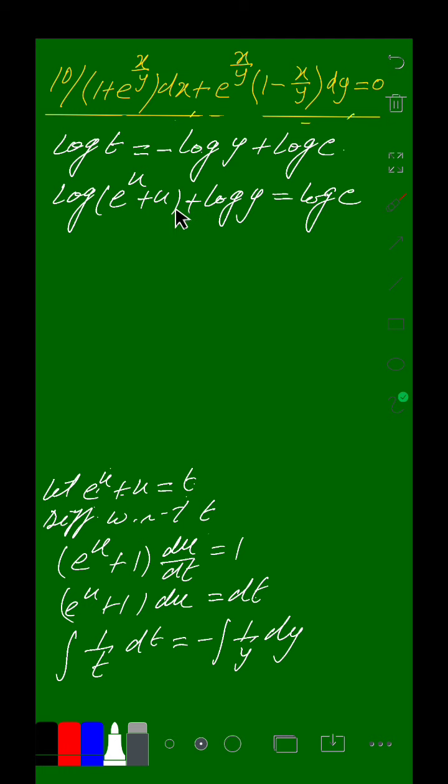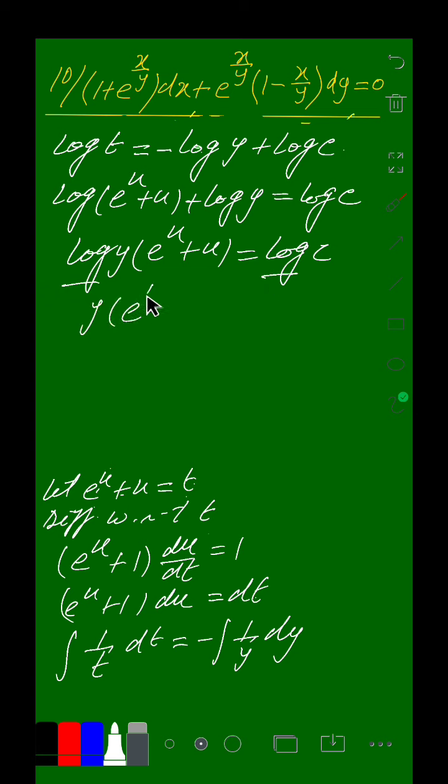Using log m plus log n is equal to log m into n, we may write it as log y e raised to the power u plus u is equal to log c. Eliminating log from both sides, we get y e raised to the power u plus u is equal to c.